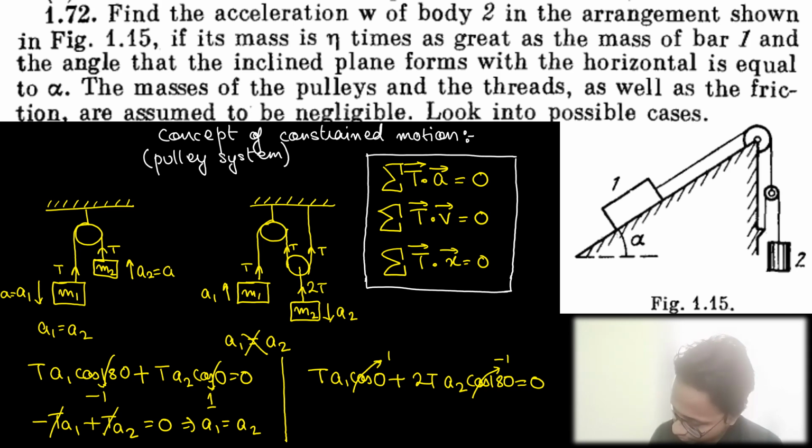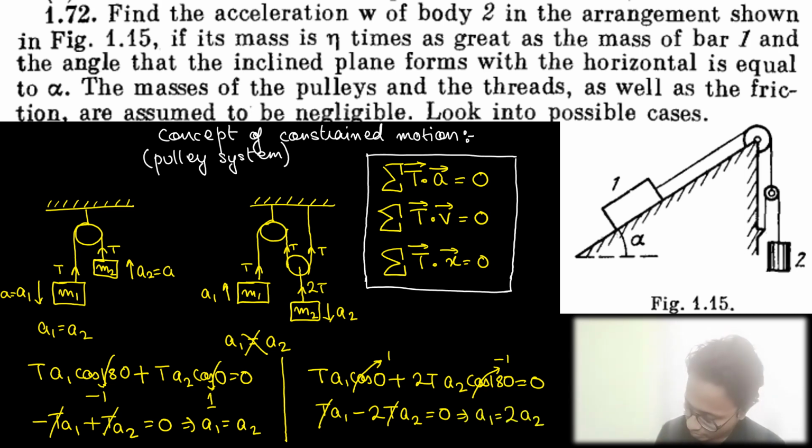So TA1 minus 2TA2 is equal to 0. If I cancel the T out, I get A1 is equal to twice A2. So whatever the acceleration of this body is, the magnitude of acceleration of this body will be twice that of this body.